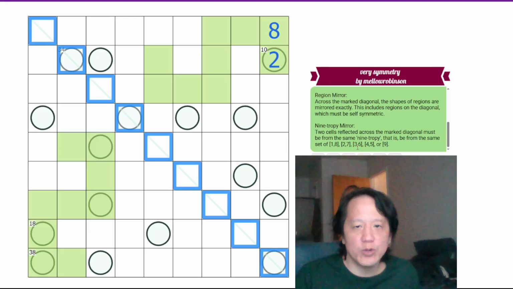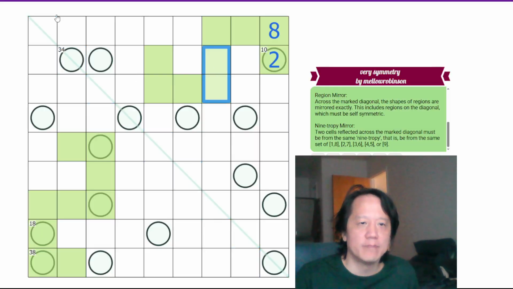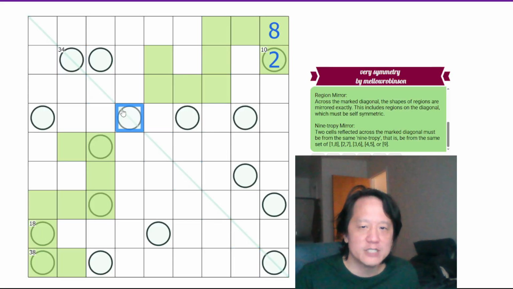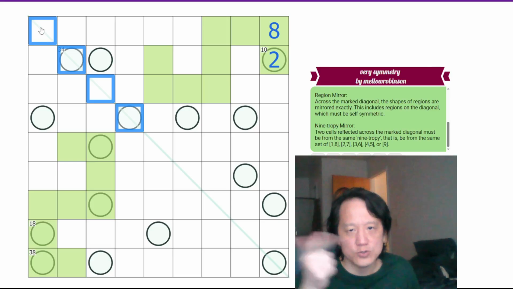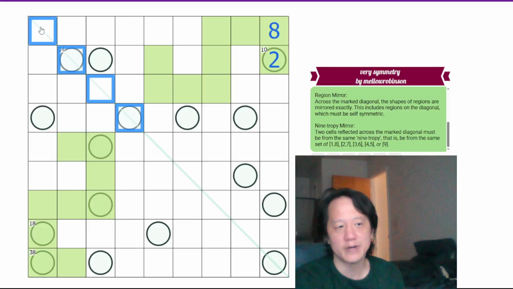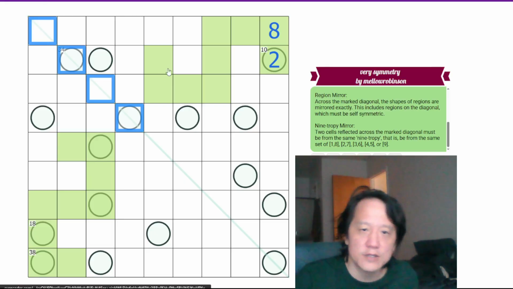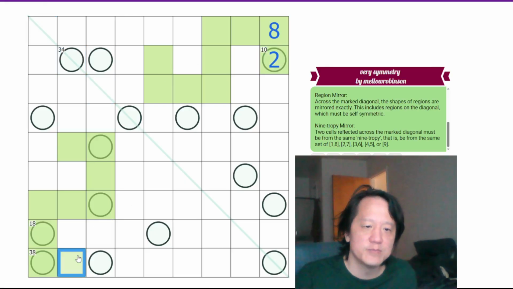And finally, we have nintropy mirror, where 2 cells reflected across the marked diagonal must be from the same nintropy, that is, be from the same set of 1 and 8, 2 and 7, 3 and 6, 4 and 5, or 9 by itself. So say this was a 2, this must be from the same set.